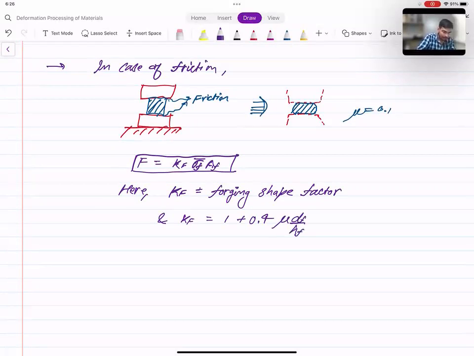You are very familiar with these terms: mu is the coefficient of friction, df is the final diameter of the formed product, and hf is the final height or thickness. Substituting this Kf into the relation, we can get the value of force.